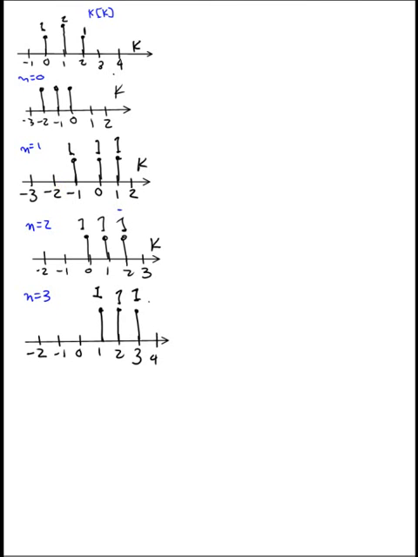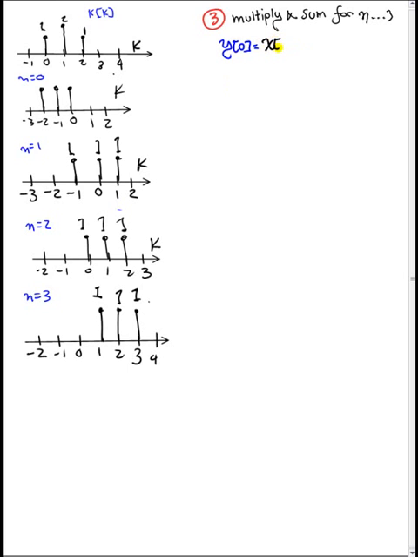Okay, so now we proceed with step 3, which was simply, we multiply and sum. So that was just multiply and sum for all the values of n individually. In this case, it will be from n equal 0 all the way up to 3. Right, so we're gonna say, okay, y of 0 is equal to x of k times h of 0 minus k.